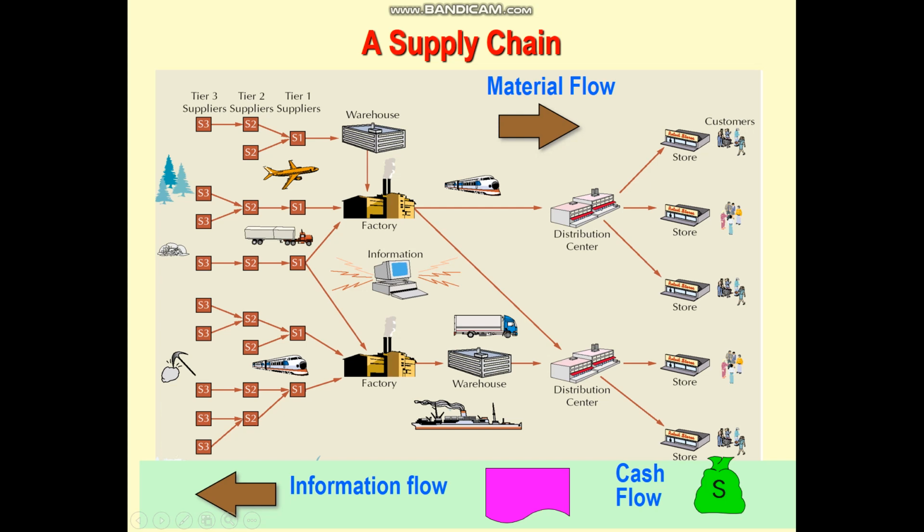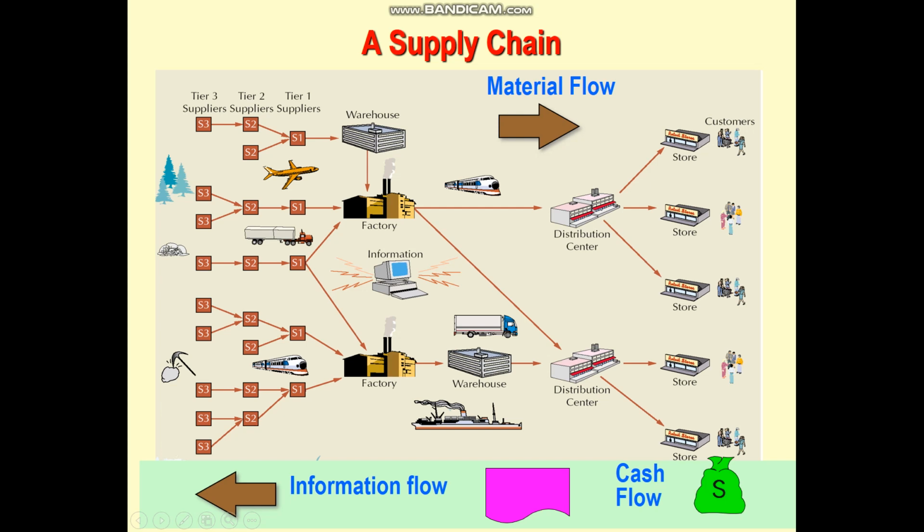So we have three flows. The first one is material flow, which goes from the suppliers to the end user or the customer. The information and cash flow go from the customer to the supplier, in the reverse way. And what is supply chain management?